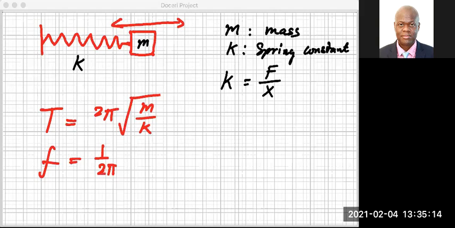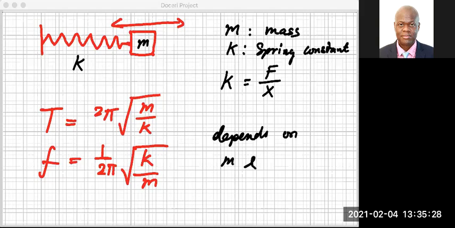And then again, you flip the fraction and you have square root of K over M. So you can say it depends on M and K.